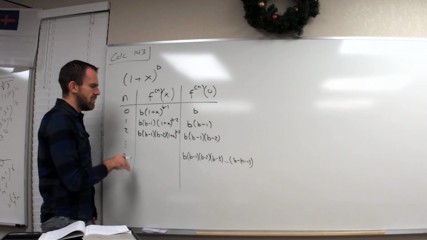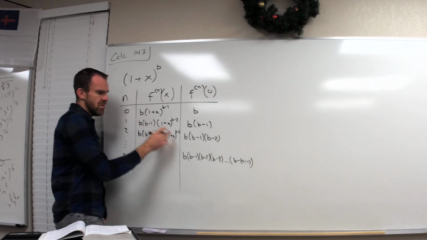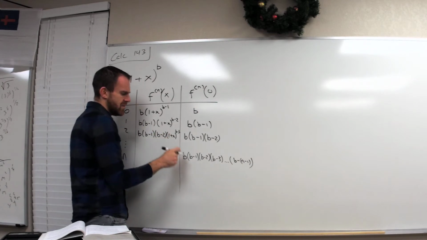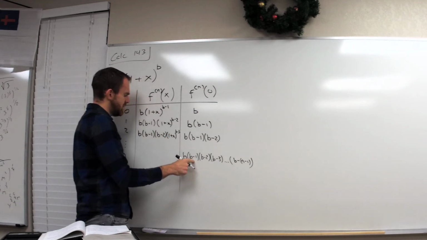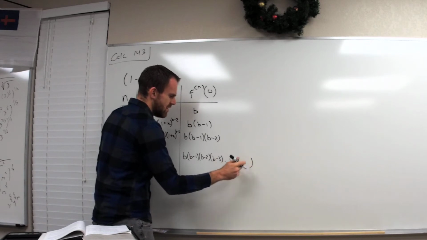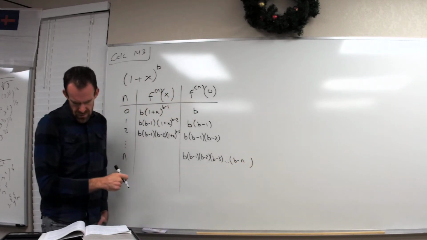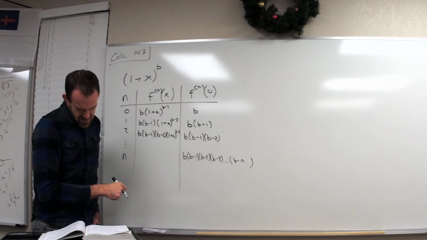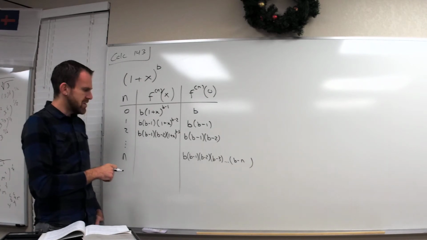Right? When n was 1, I had b and then b minus 1. So let's just do b minus n. There we go. Looks like the book overcomplicated this. They did b minus n minus 1.